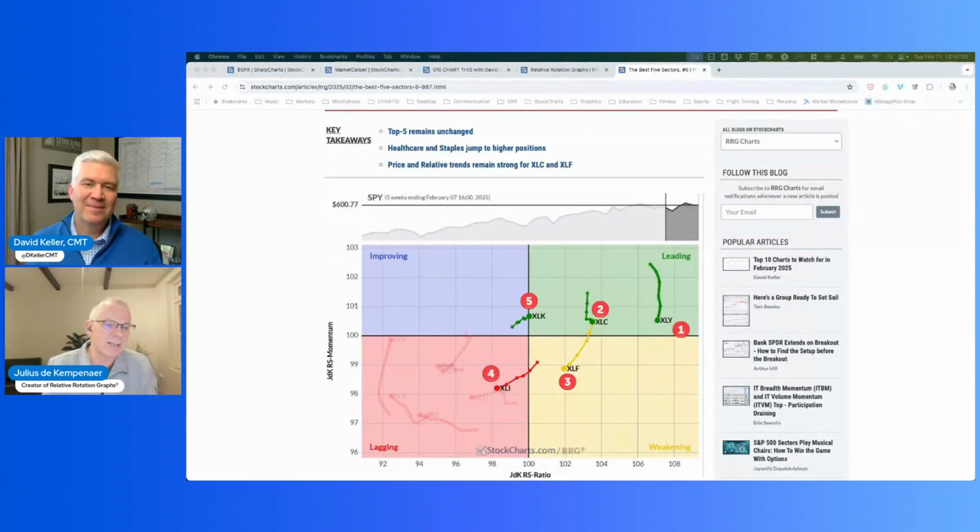The reason is that XLK technology is about 30% of the market cap. In my equal weight portfolio, I have a maximum allocation of 20% to the technology sector, which means that even when technology is in the top 5, I am underweight technology by 10%, which is in the real world a pretty massive underweight bet.